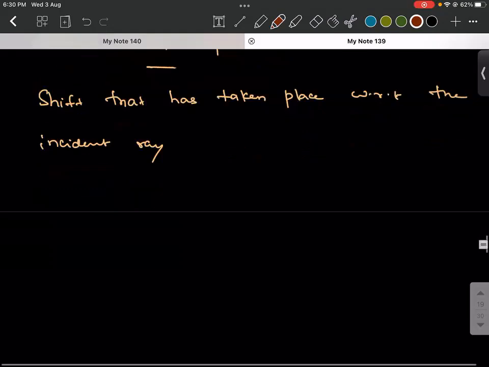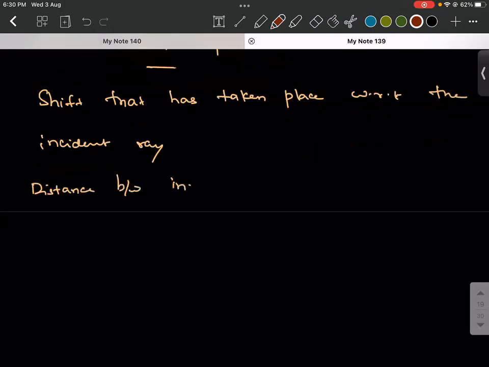Or to put it in simple terms, it is the distance between the incident ray and the emergent ray. That's it. Is that point clear?